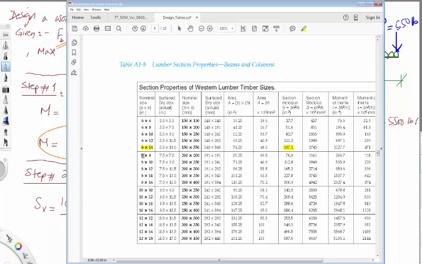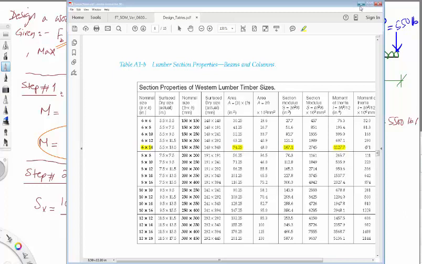So 6 by 14 inch gives me a section modulus of 167, an area of 74.25 and a moment of inertia of 1127.7. These values I need.